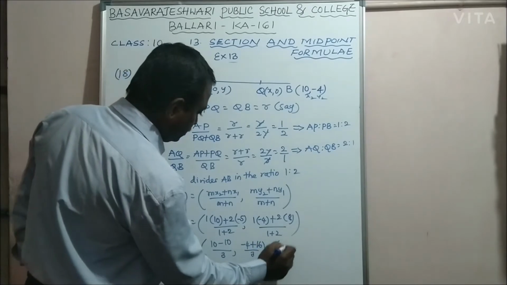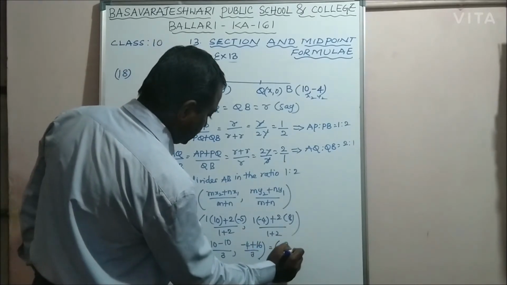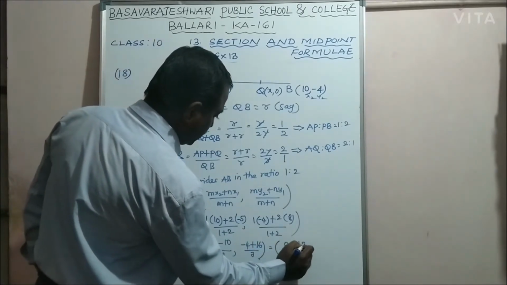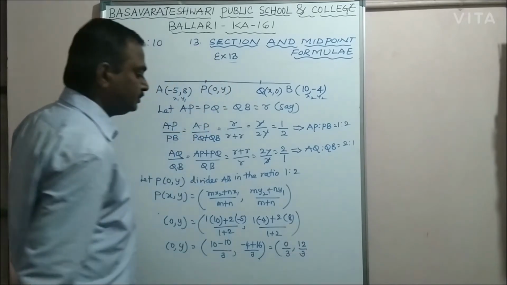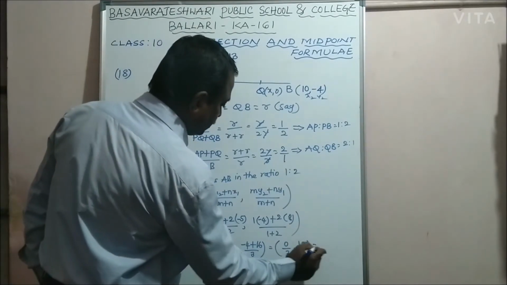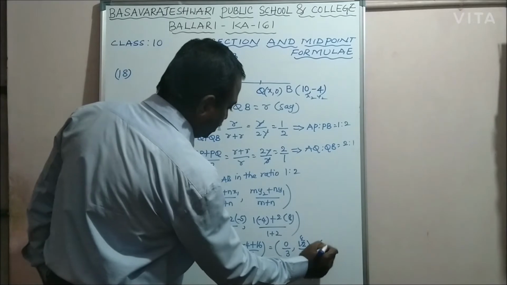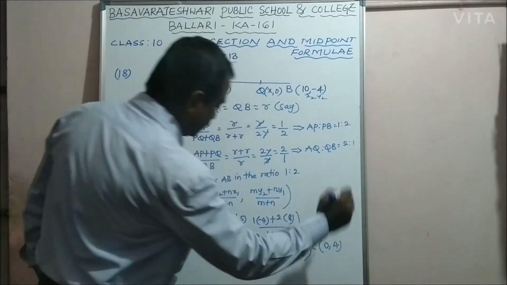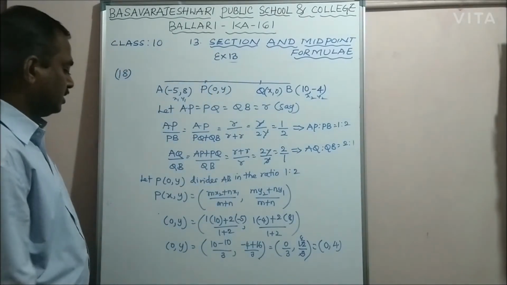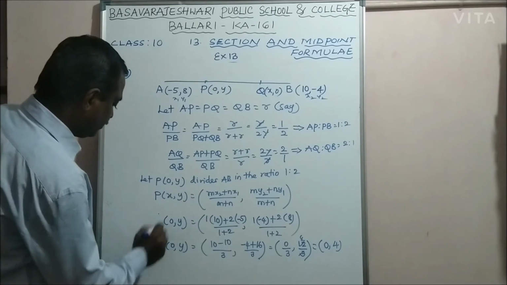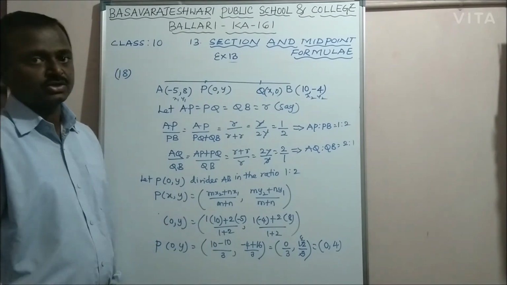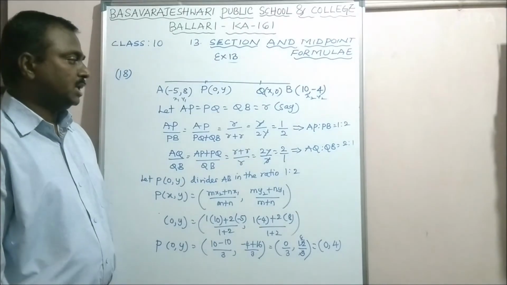That is equal to 0 by 3, 12 by 3. So that is equal to 0, 4. So the coordinates of P are 0, 4.